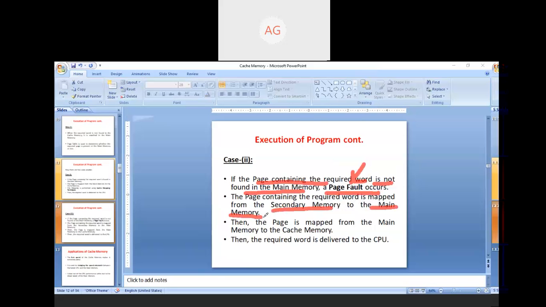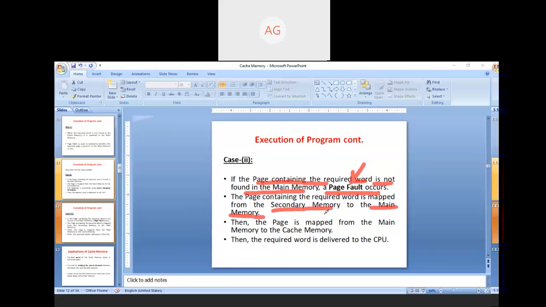As we know, the main memory is at level 2. So if the word is not found in the main memory, then we search for that word in level 3 and level 4. Level 3 and level 4 are basically part of the secondary memory. So we need to search for that word in the secondary memory, first in level 3.